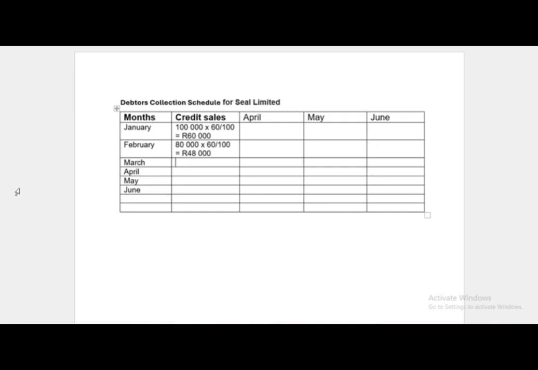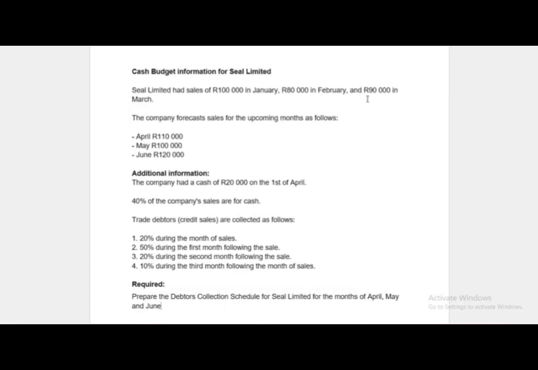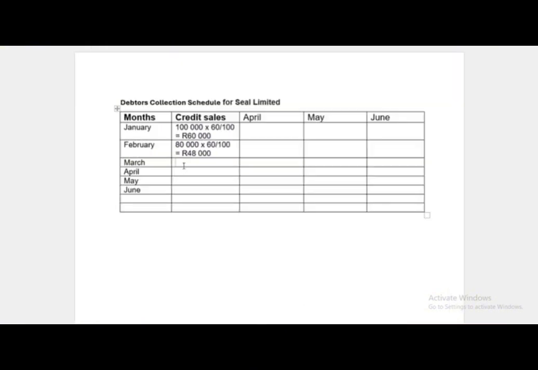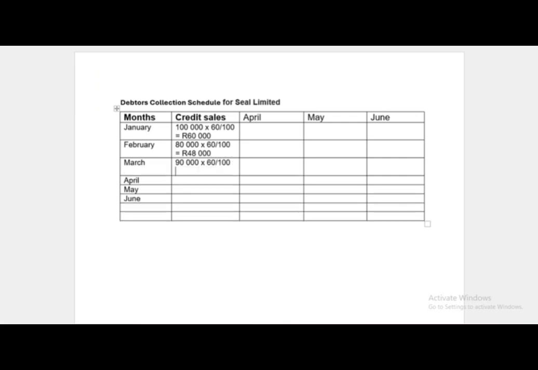And then we go for March. The total sales for March is 90,000. So you need to calculate 60% of 90,000. That will be your credit sales. So 90,000 multiplied by 60 out of 100. And then let's see how much you are getting for March credit sales.